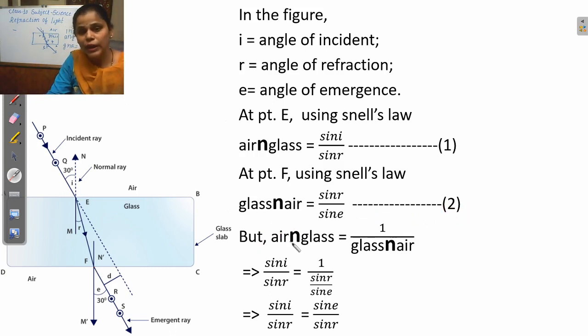But we know that AG is equal to 1 upon GA. It's clear, this is the opposite.